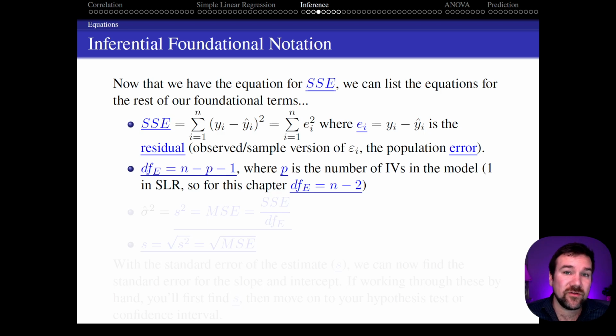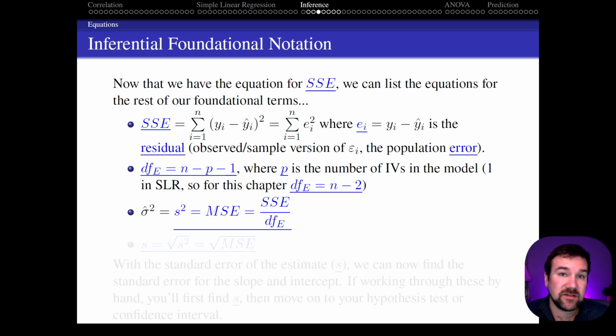But in general, the formula is n minus p minus 1. So if you learn it that way this time, then when we get to multiple linear regression, it's going to be the exact same thing. And just remember, p, the number of independent variables in simple linear regression, is 1. So this will be n minus 1 minus 1, which is the same thing as n minus 2.